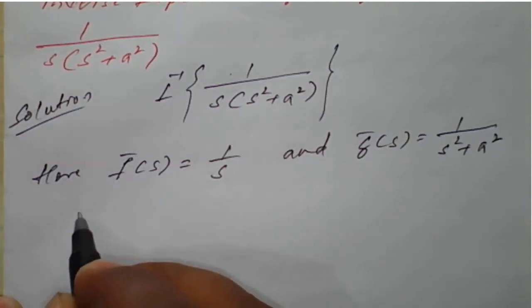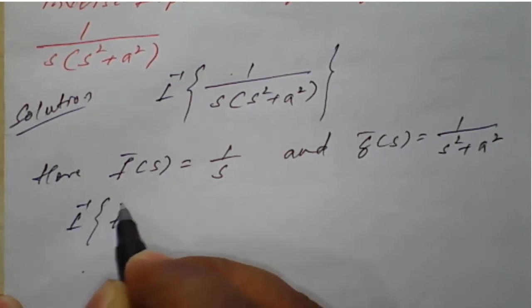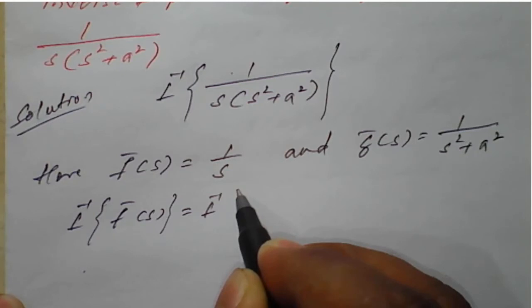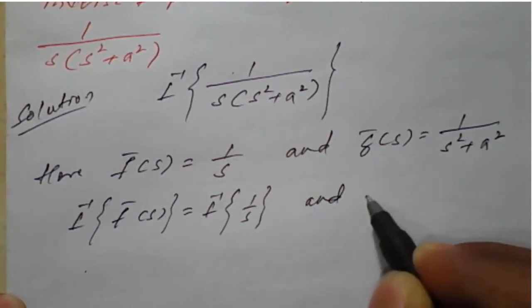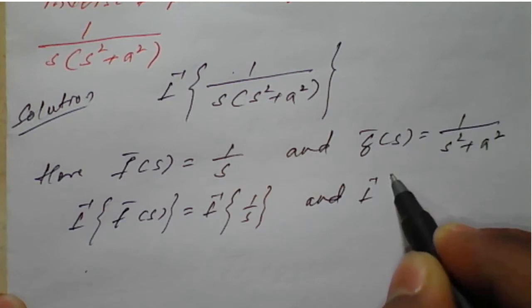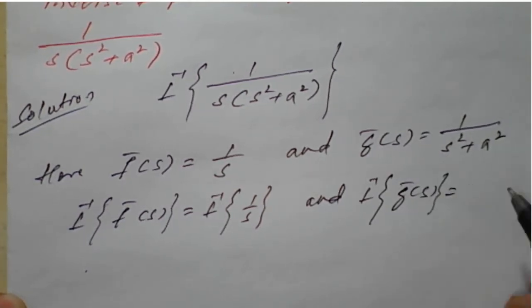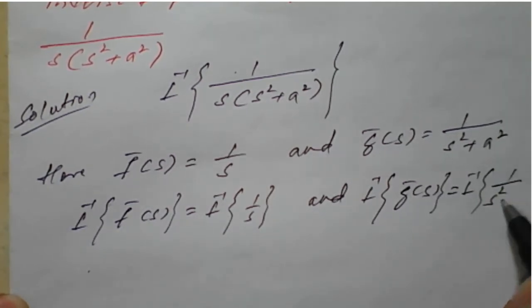Therefore, inverse Laplace of f dash of s is equal to inverse Laplace of 1 upon s, and here also we need to apply inverse Laplace: inverse Laplace of g dash of s is equal to inverse Laplace of 1 upon s square plus a square.